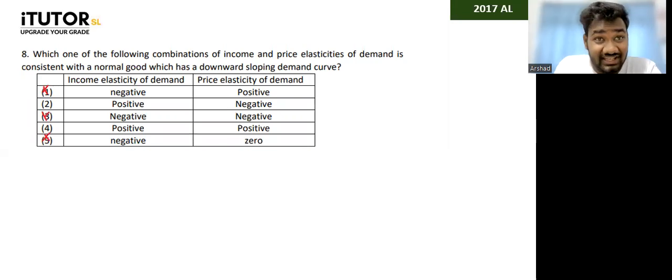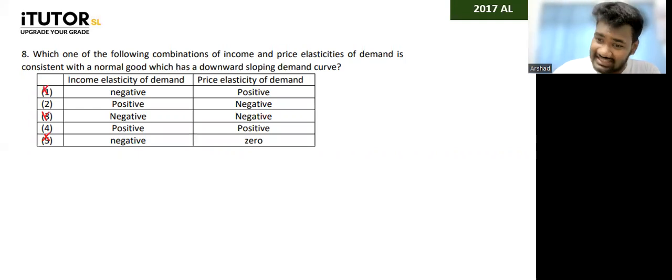What about the PED? This also I explained in a previous class. For a normal good, given that the demand curve is downward sloping, that means there is a negative relationship between price and QD, right? So remember, PED for a normal good is negative because it complies with the law of demand.